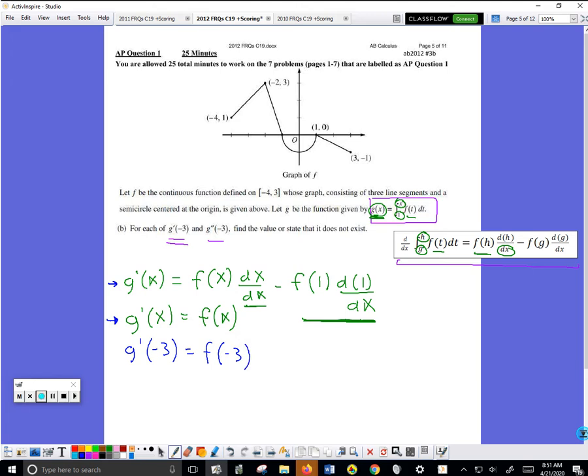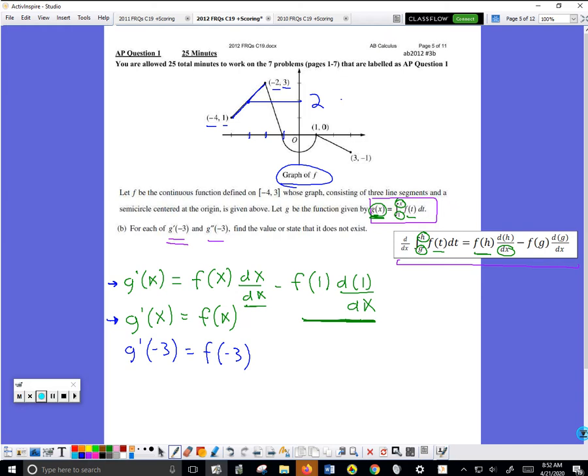I look up here, this is f. So at x equal negative 1, negative 2, negative 3, I'm up here. Looks like that's going to be 2, just to make sure I'm going to count it. So this line goes from 1 to 3, so this line goes up 2, and it also goes over 2.